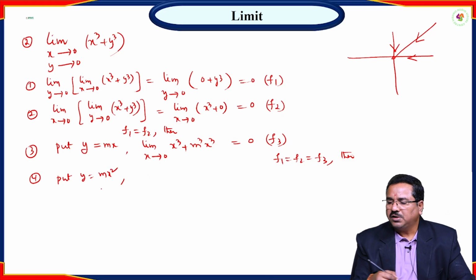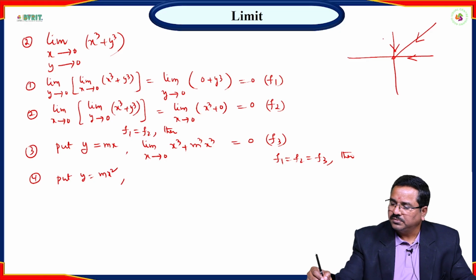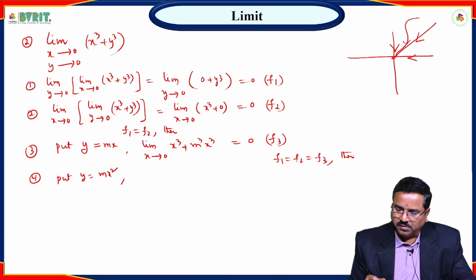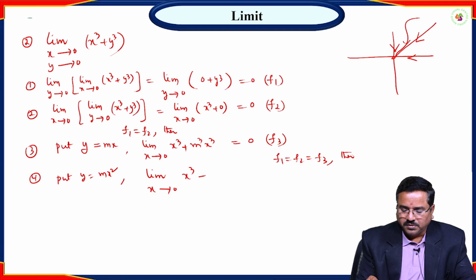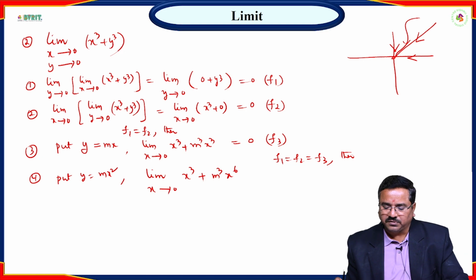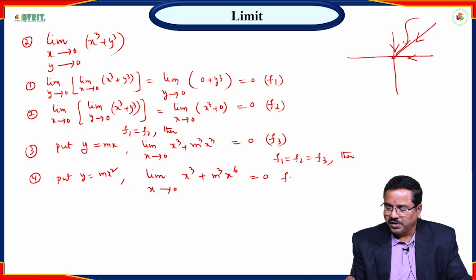So limit x tends to 0, x cube plus m cube x power 6, by replacing y is equal to mx square. What will you get by replacing x? You will get 0.